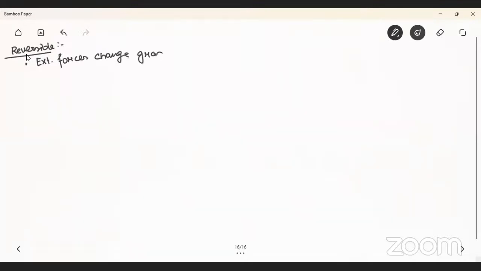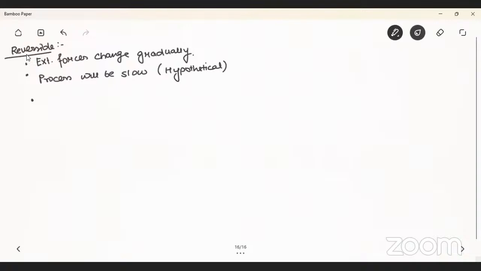This is for our reversible process. Second, this process will be slow, but this is something hypothetical, meaning this has not yet been proven. Whether it is slow or fast is still under research.